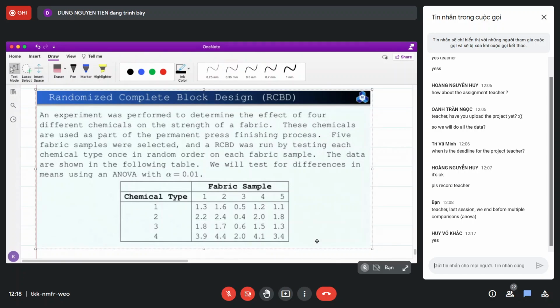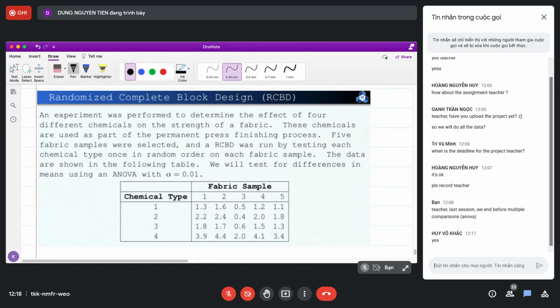These chemicals are used as part of the permanent press finishing process. 5 fabric samples were selected, and a test was run by testing each chemical type once in random order on each fabric sample. The data are shown in the following table. We will test for differences in means using an ANOVA with alpha equals 1%.